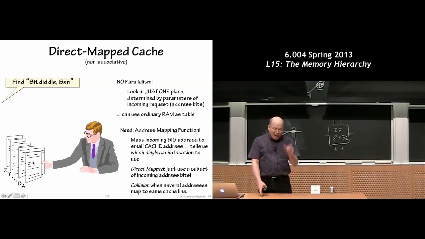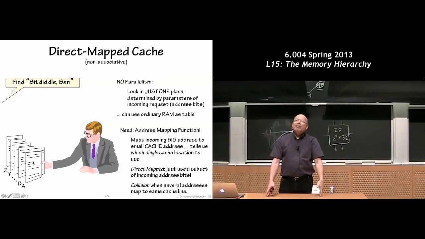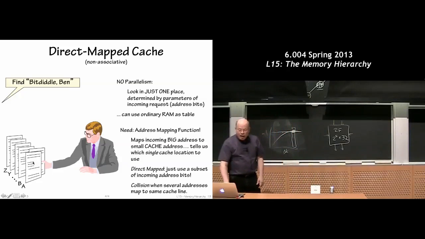But once I've done that mapping, I will look in that slot and see if I have that address. So I'm coming up with a way to organize my cache memory. It's going to be relatively inexpensive because I'm only going to be doing one comparison, and I'm going to be using some information from the incoming address to pick which one of the small number of slots to look at.